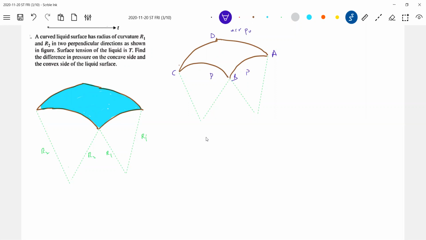The force due to surface tension should act everywhere tangentially. Am I right? So here it is like this.